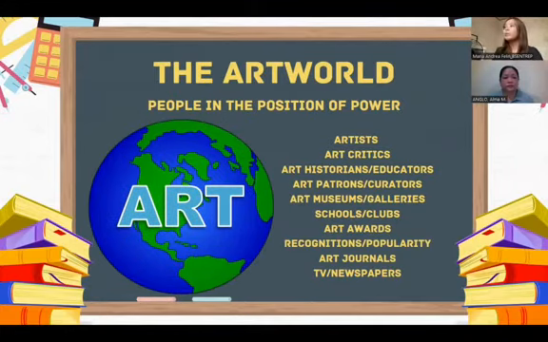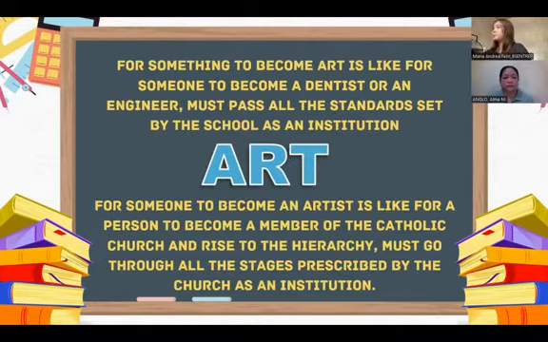So the art world is people in the position of power. We will discuss the artists, art critics, art historians, educators, art patrons, curators, art museums, galleries, schools, clubs, art awards, recognitions, popularity, art journals, TV, and newspapers.